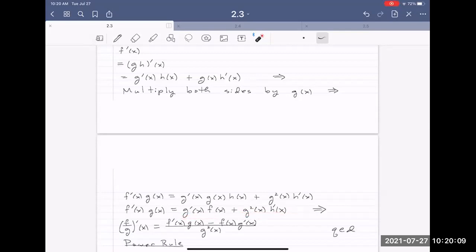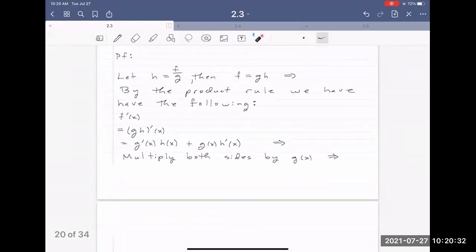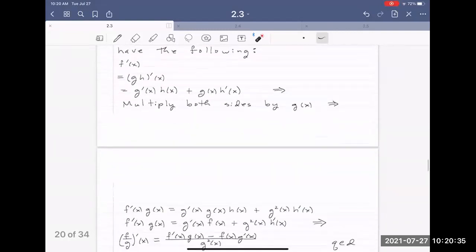Therefore, solving for h prime, I have that h prime is equal to f prime times g minus, bring this over, g prime times f, all divided by g squared. So remember that h is f over g.